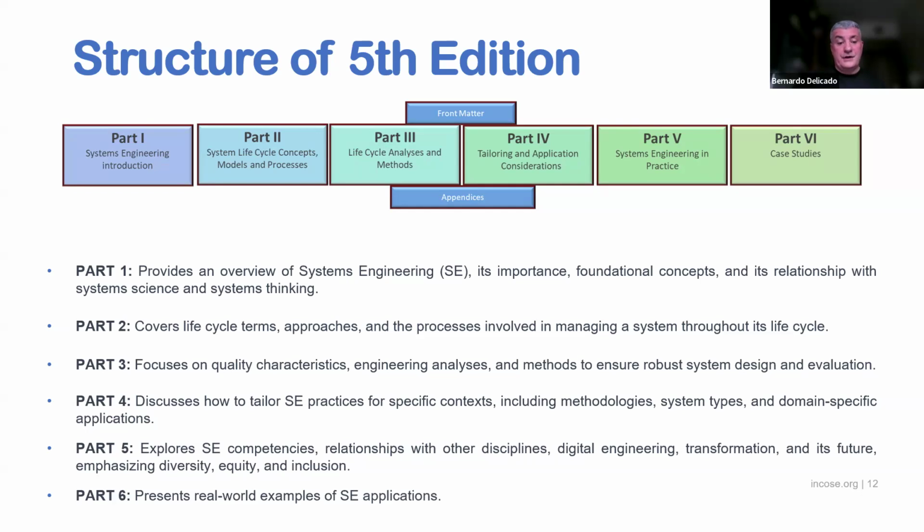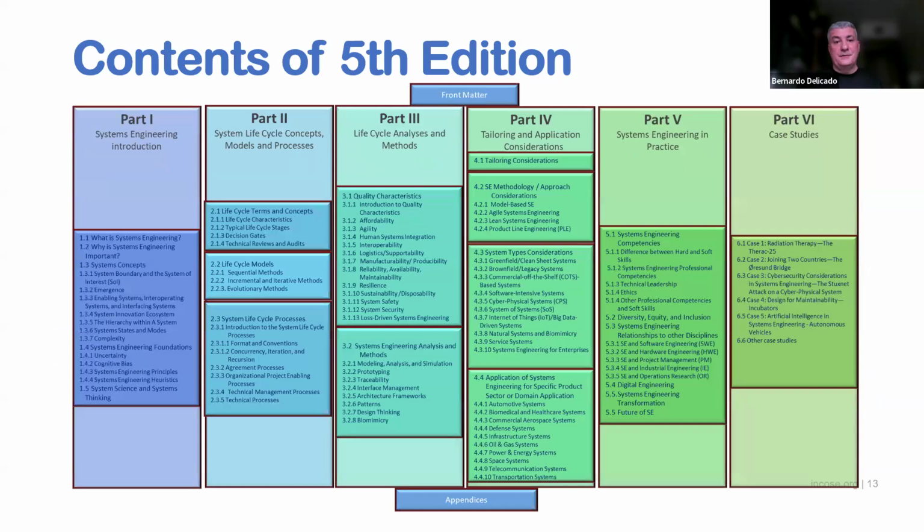And Part 6 presents real-world examples of system engineering application. Okay, this is the contents of the 5th edition, the parts and all the sessions.